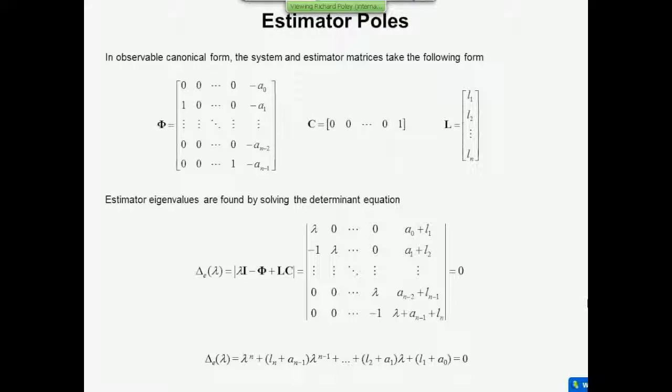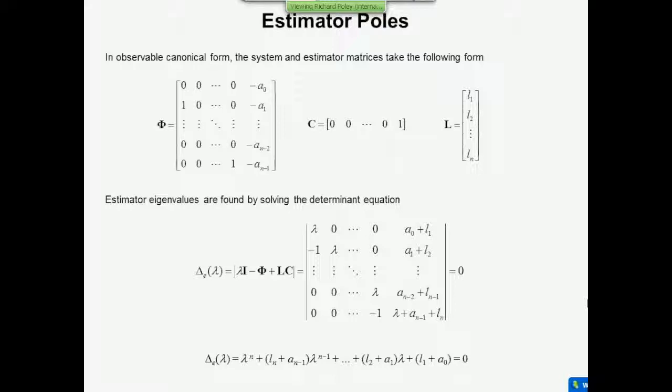So remember, this is a CCF matrix transposed. So this is phi transposed, so all of the coefficients appear in the last column. This is effectively B transposed, and you would think of this as K transposed.